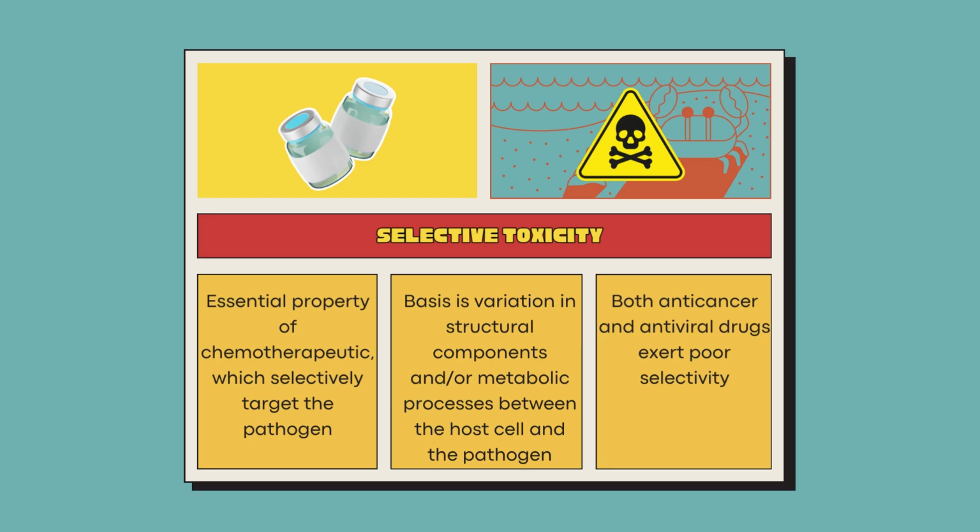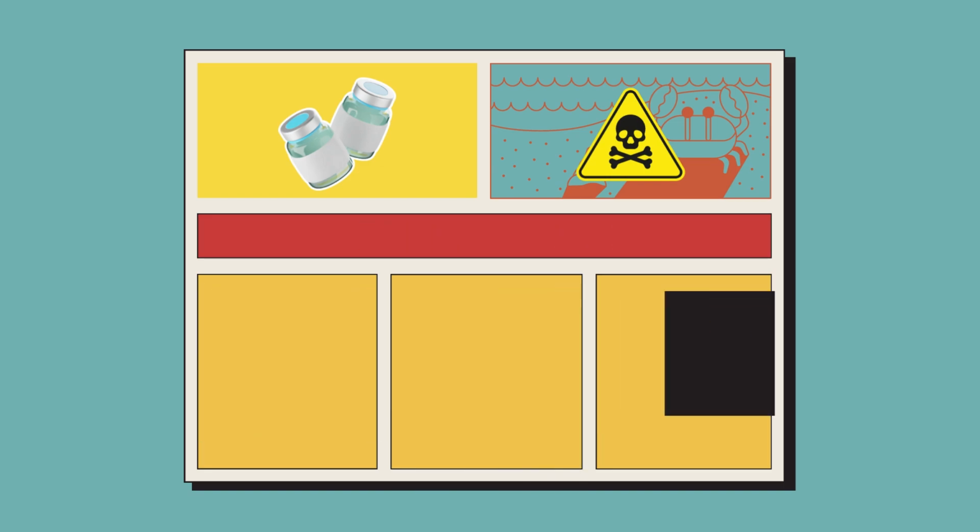Moreover, selective toxicity is an essential property of chemotherapeutics, which selectively target the pathogen. The basis of selective toxicity is variation in structural components and/or metabolic processes between the host cell and the pathogens. Also, remember that both anti-cancer and antiviral drugs exert poor selectivity.